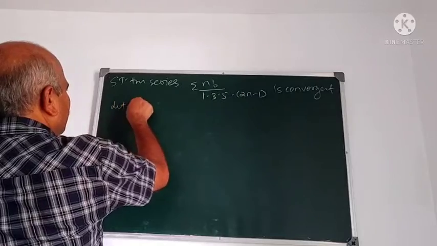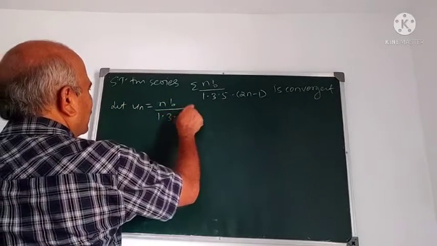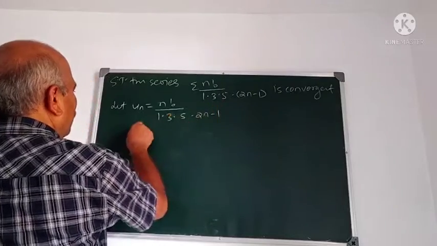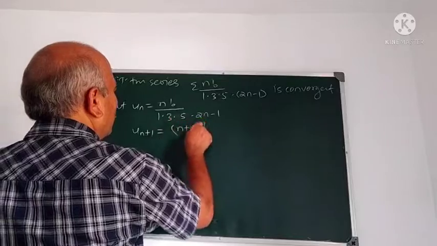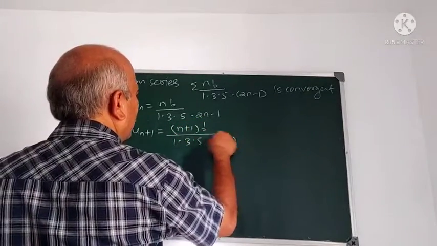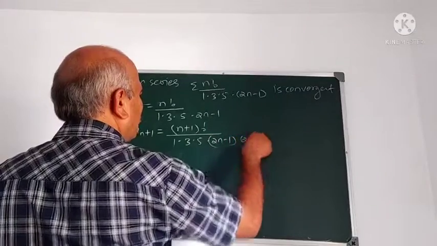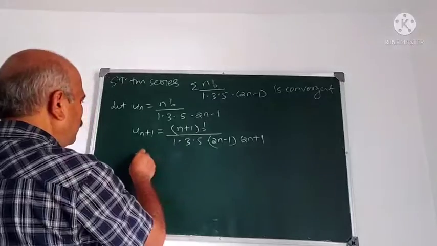Let un be n factorial by 1, 3, 5 etc. up to (2n minus 1). So un plus 1 is (n plus 1) factorial by 1, 3, 5 etc. up to (2n minus 1) into (2n plus 1). Next one more term you have to take.